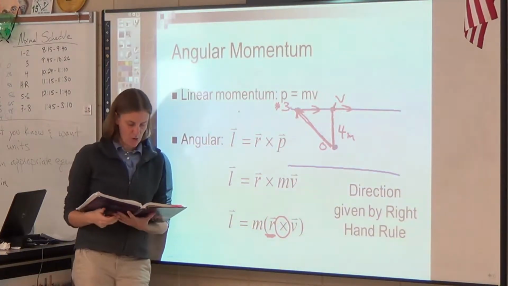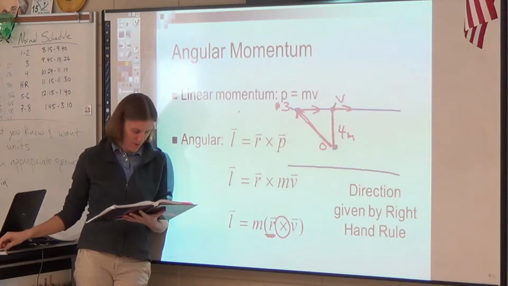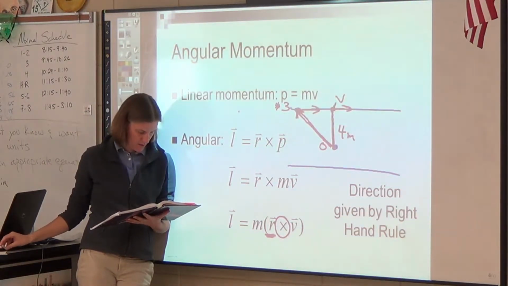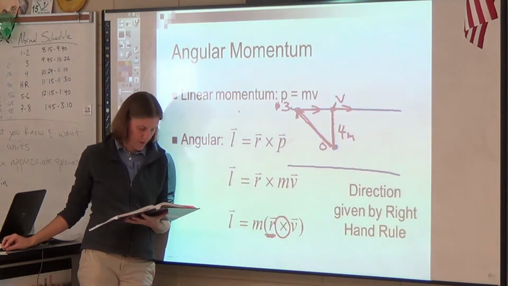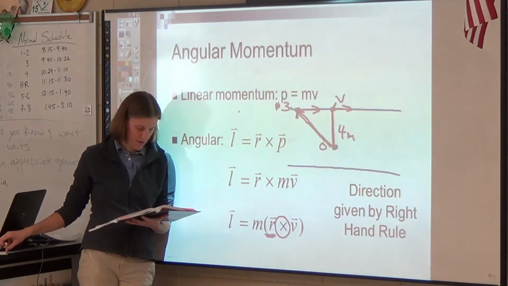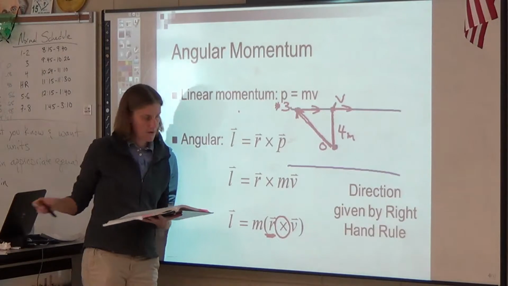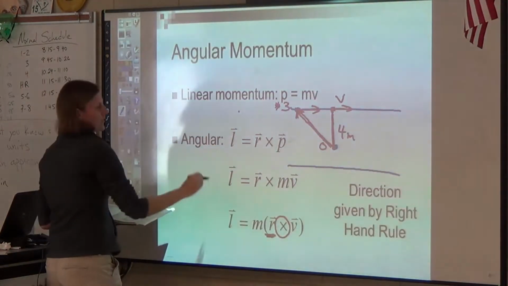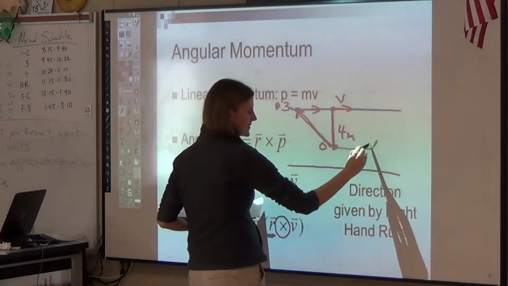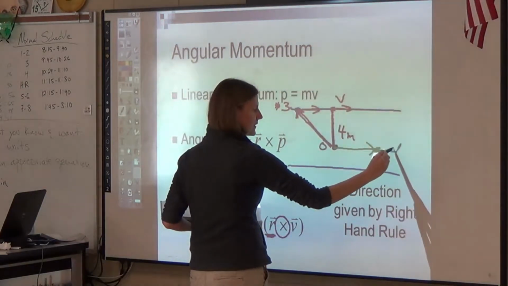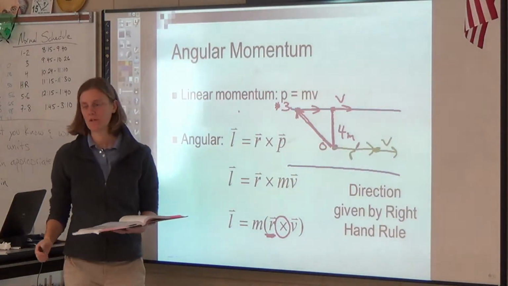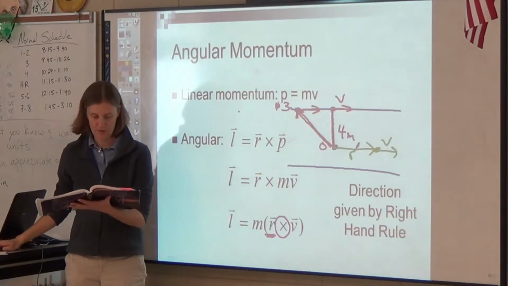Okay, so 1 and 3 tie, which will be next? 2 and 4. And what would be true about 5? It would be 0. Exactly. Sure, 5's got an R that is ever increasing, but that R and that V are not perpendicular. So we would say it has no angular momentum there.